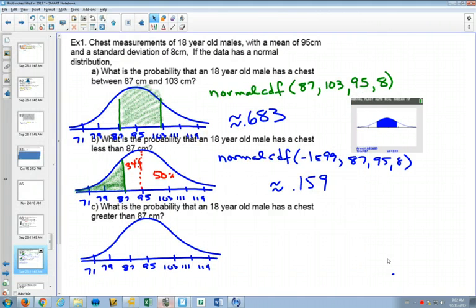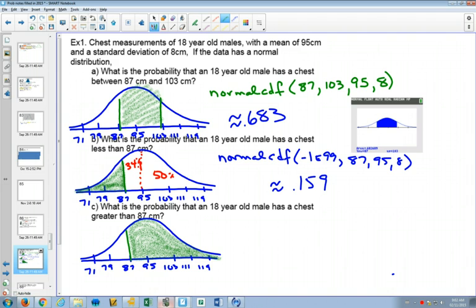All right, so the last one's probability that the chest measurement is greater than 87. We actually don't need to do anything on our calculator here because we've done work. Why don't I have to do any calculations on my calculator?